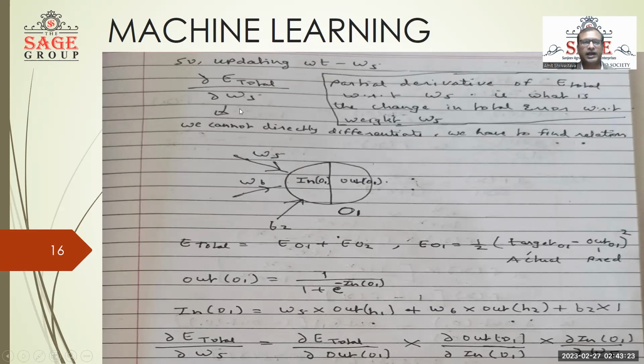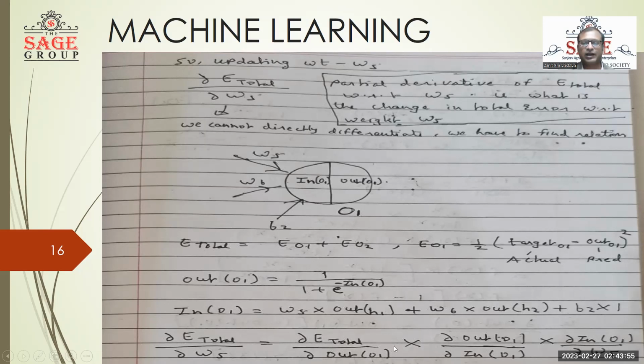Now, del E total upon del W5, we can rearrange this using the chain rule so that we can establish some relation, because we cannot directly differentiate this total error with this W5 because it is not directly related. So what we can do is del E total upon del out O1 into del out O1 upon del in O1, and then del in O1 upon del W5.